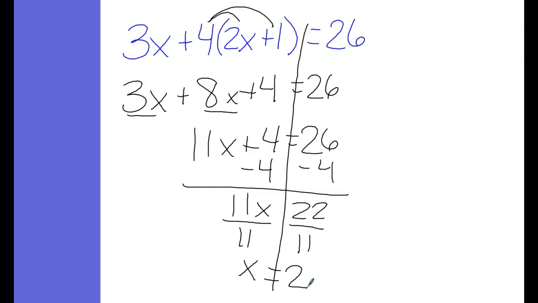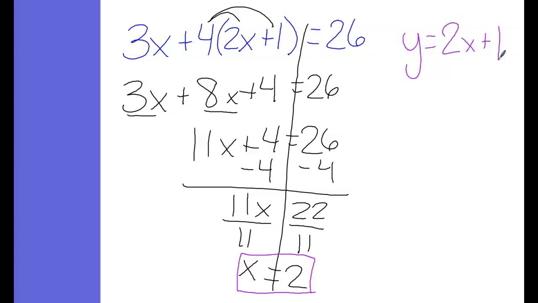Okay, so now that we have the x value, we're going to substitute it in for x. In which equation do you want to substitute it in? The first one? So your top one was y equals 2x plus 1.